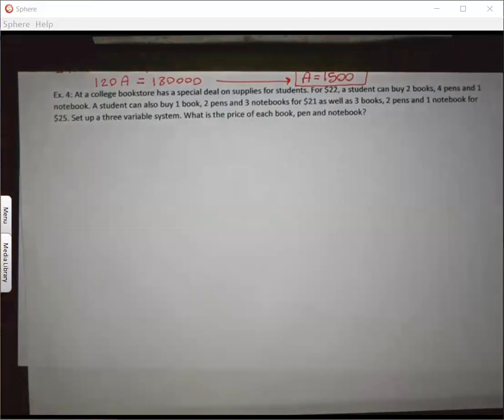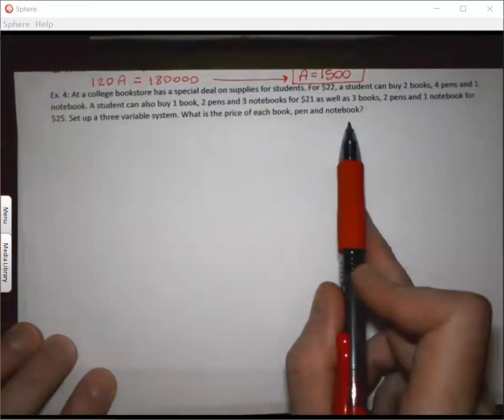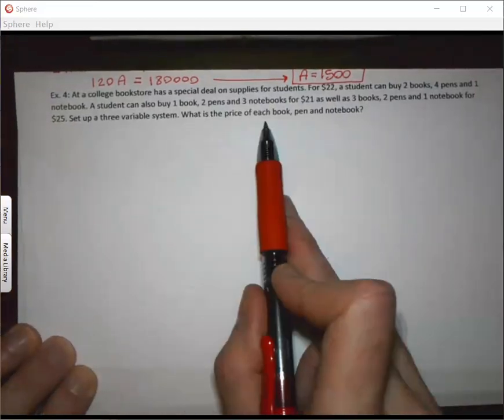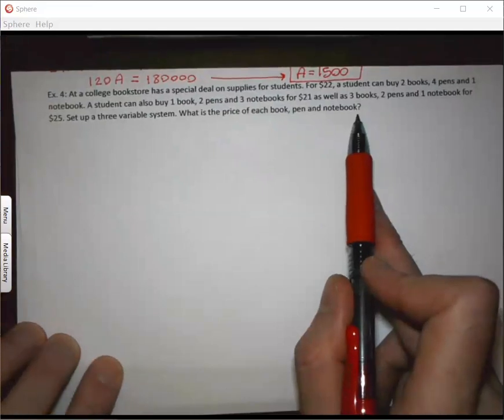So step 2, we want to define some variables. Remember, the best place to look for defining variables is the very last question. What is the price of each book, pen, and notebook?